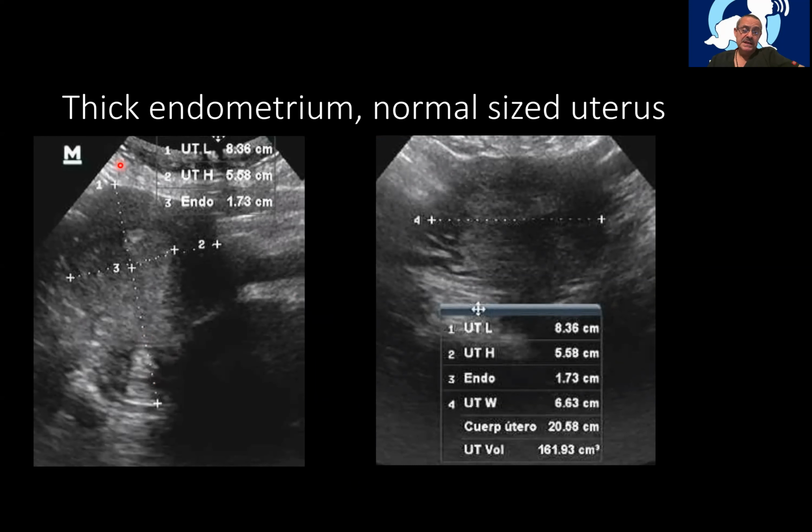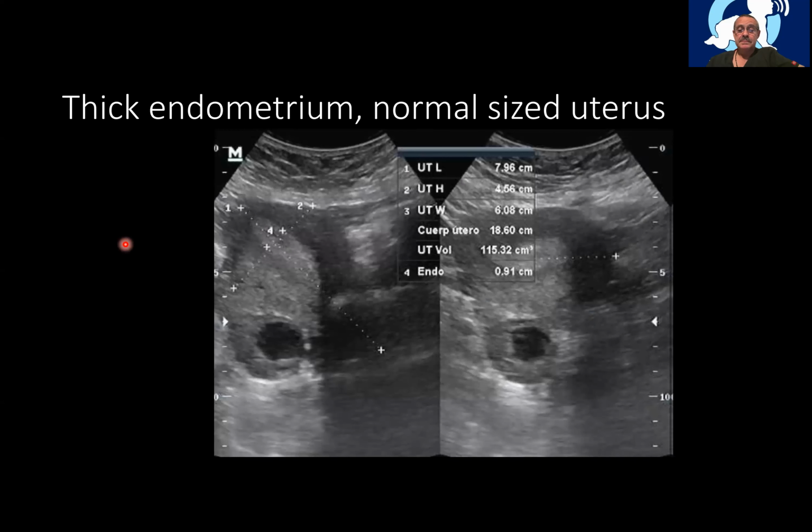In a normal size uterus, usually there's not a problem, not a malignancy.